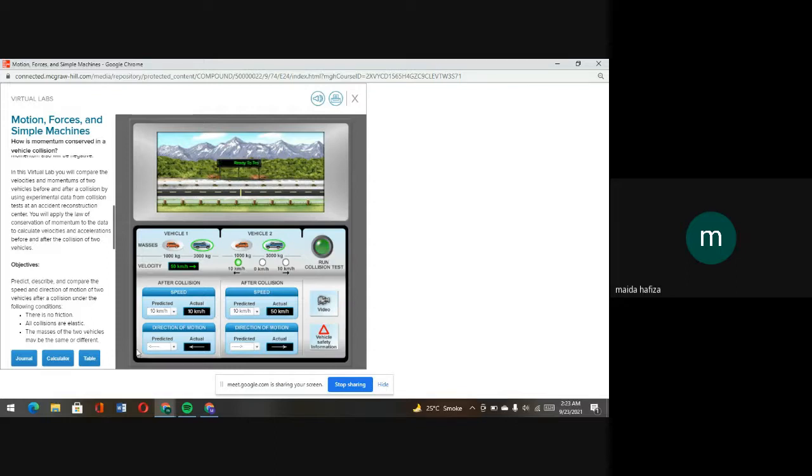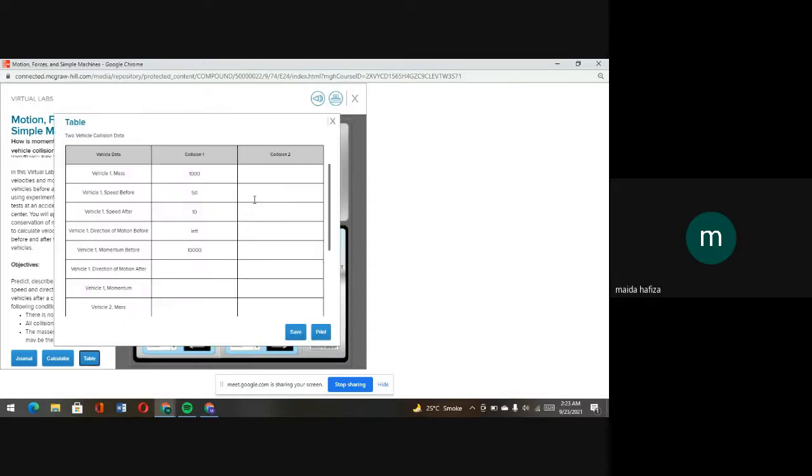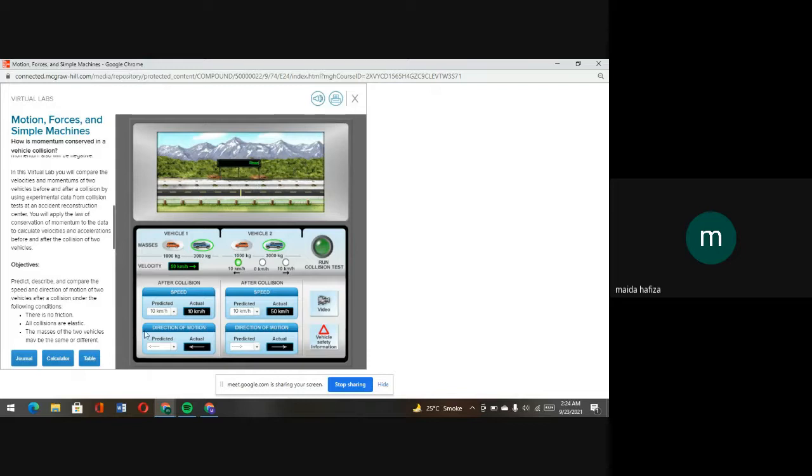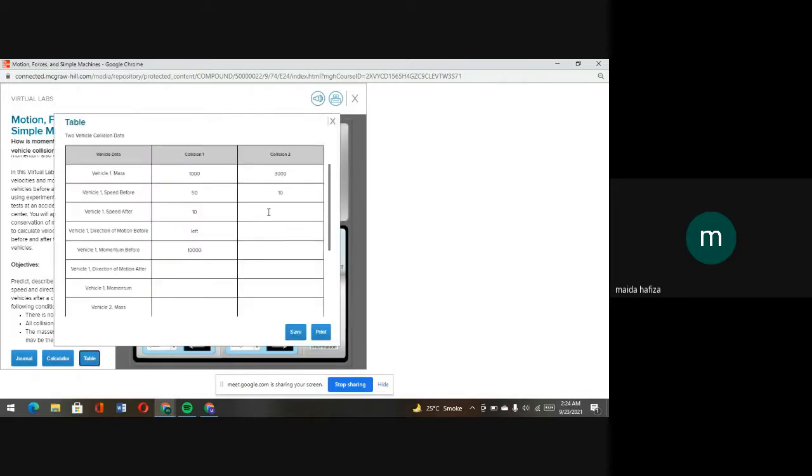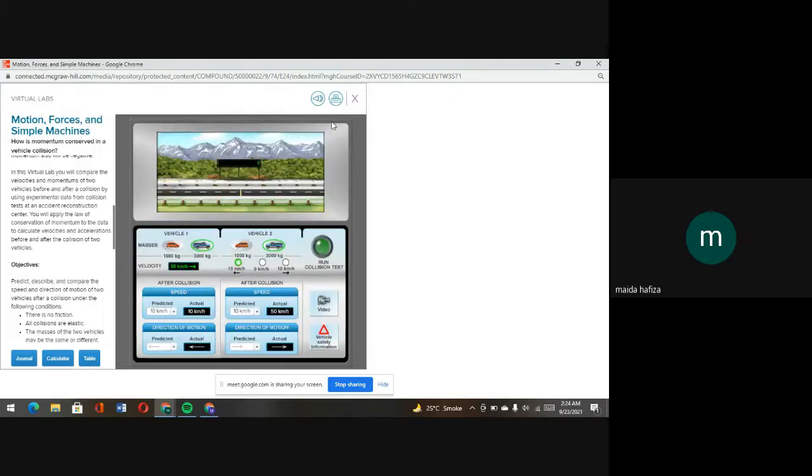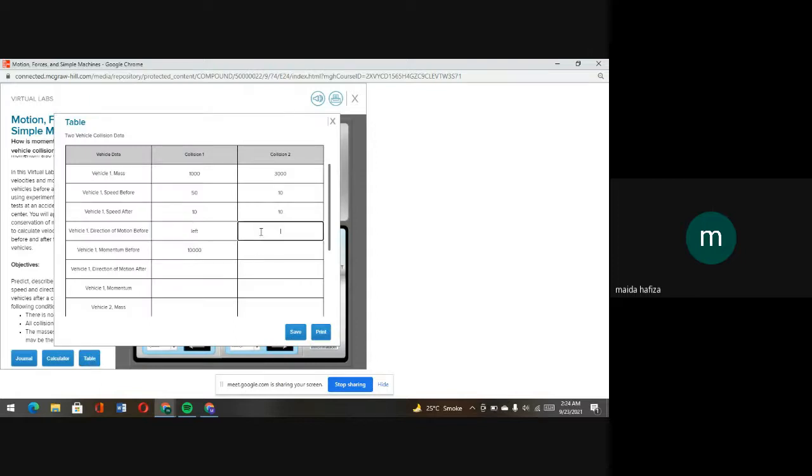The predicted speed is 10 kilometer per hour, and the actual is 10 kilometer. The mass is 3,000. I predicted 10, so actual is also 10. That is in the left side, which I predicted, left, and the momentum is 30,000.